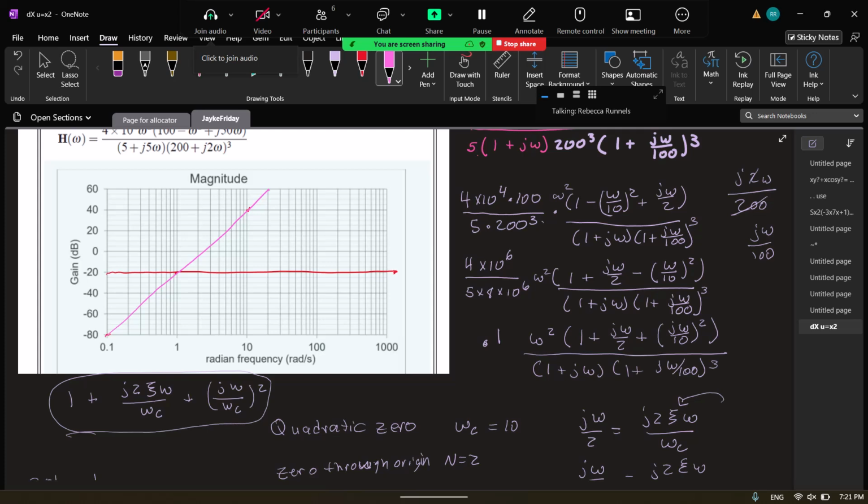And then we have a simple pole with a corner frequency 1, and so that has a slope of -20. So it's 0 until we get to 1, and then a slope of, whoops, oh wait, I messed up.